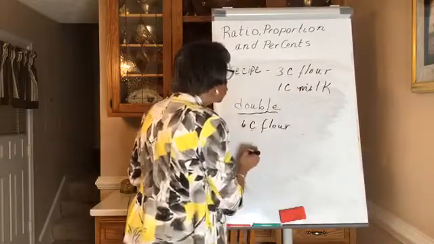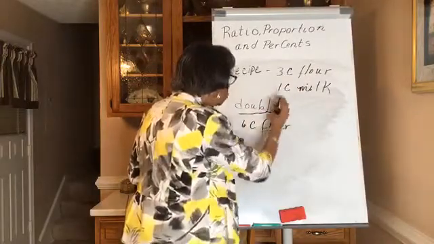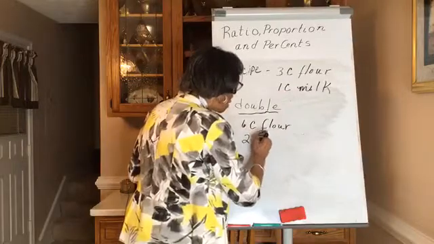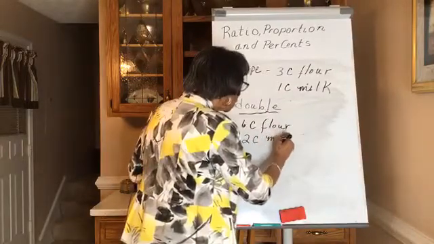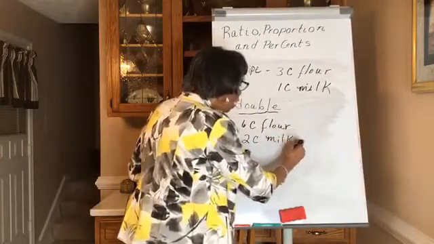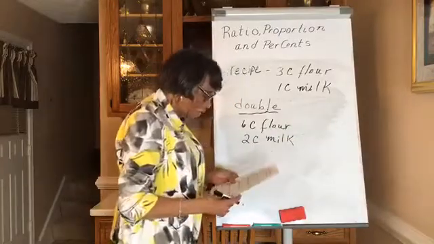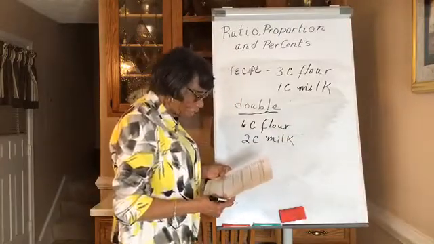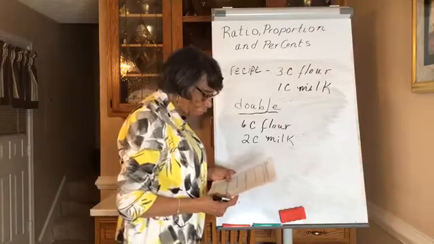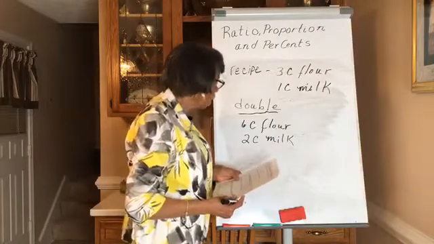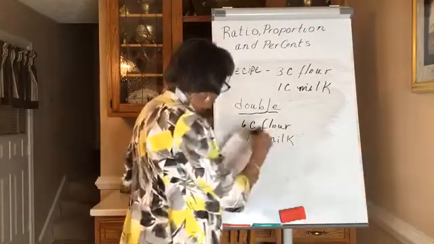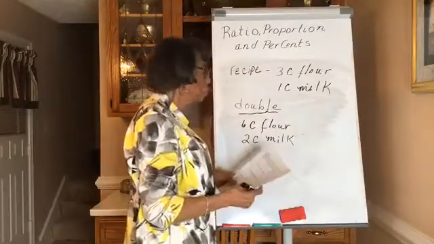And 1, I'll double it, that'd be 2 cups of milk. And we do have to make those adjustments in our recipes sometimes. All right? And okay, so we have 6 to 2.